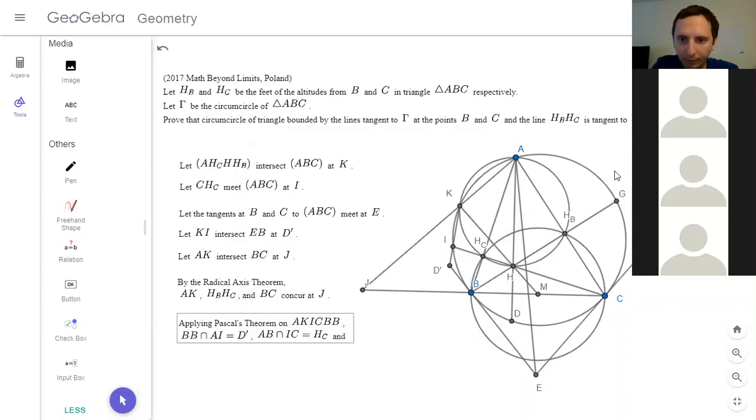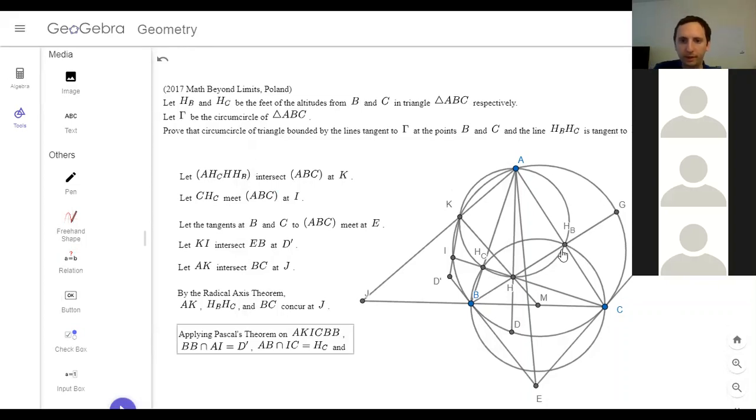What's the last one? How do we get HB in that? So we know D prime must be on HCHB. And D prime is the intersection of KI with the tangent at B. So we've defined D prime this way, right?